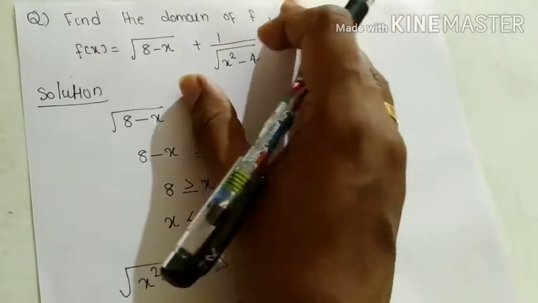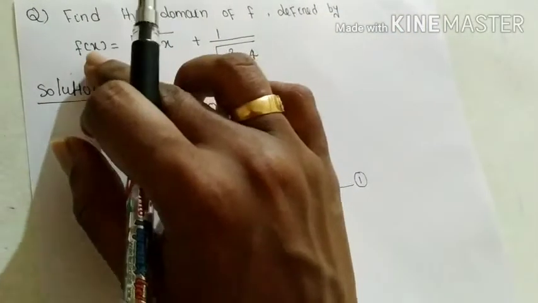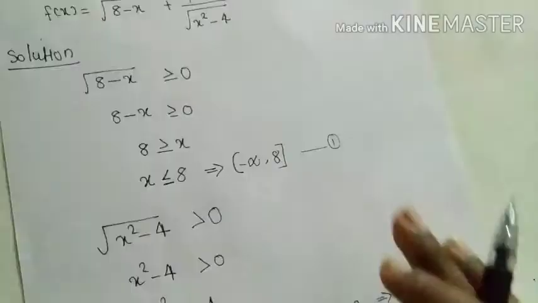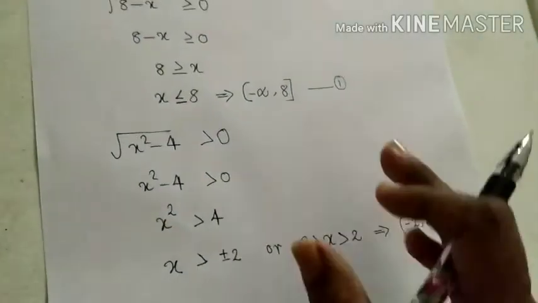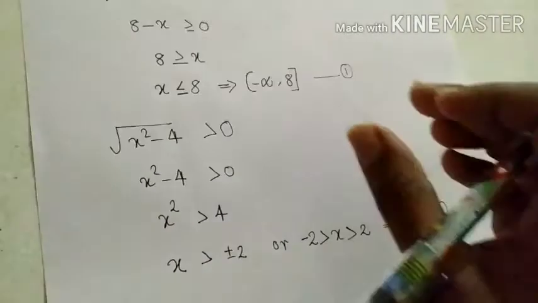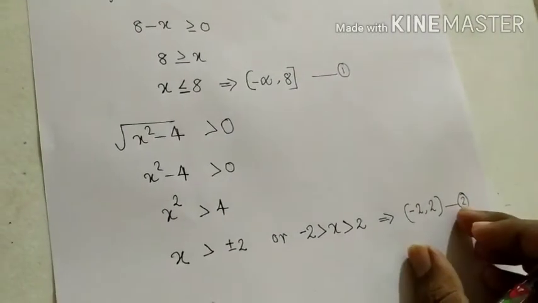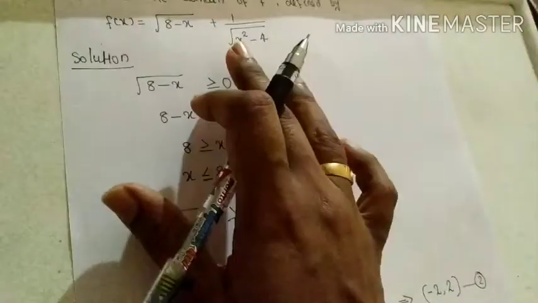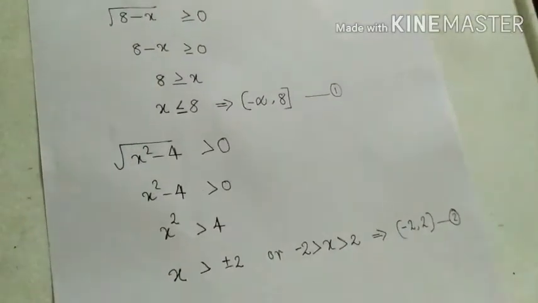In this question we need to find the domain of the whole function. If we observe these two intervals, the common elements of these two intervals are the domain of our whole function.